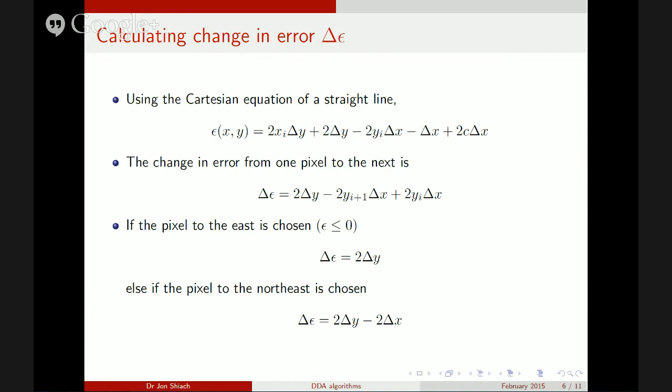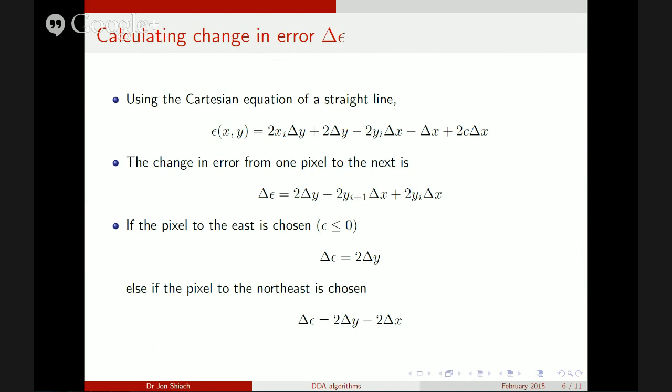If, however, we went to the northeast pixel, we add 2 delta y minus 2 delta x. Very, very simple calculations. We don't have to bother with that nasty error calculation. But what is my starting error? Okay, we need some point to start from.